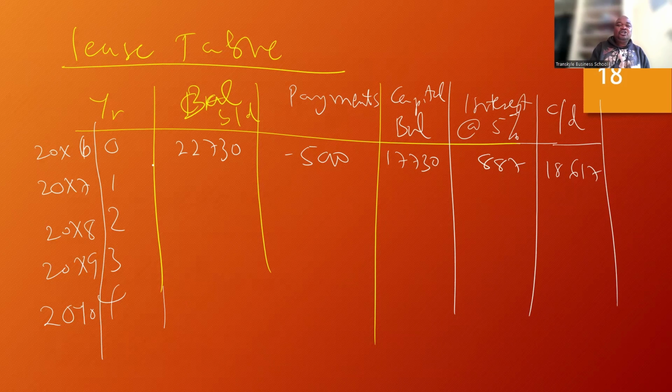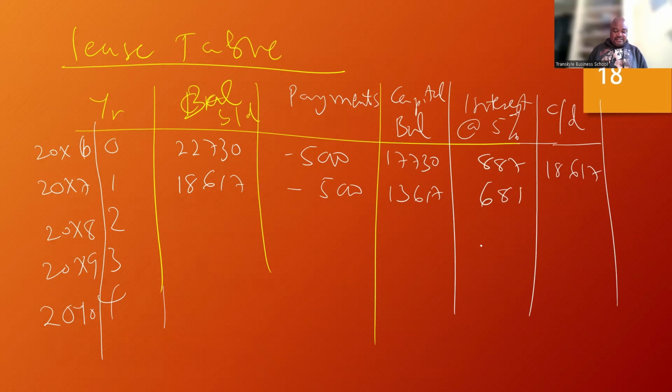Then we take this closing balance up here, 18,617. We deduct 5,000 from it, and we come to 13,617. We charge 5%, which comes to 681.